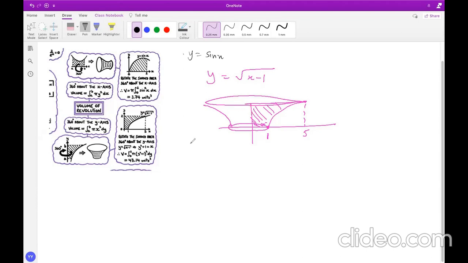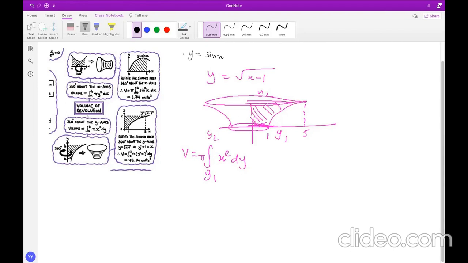Remember that to find the volume about the y-axis, the formula is x squared dy. You make x the subject, like how we did for area, and integrate from y1 to y2, and then don't forget to multiply by pi. So actually it is simple, right? How do we derive this?